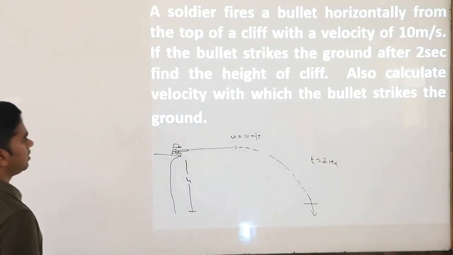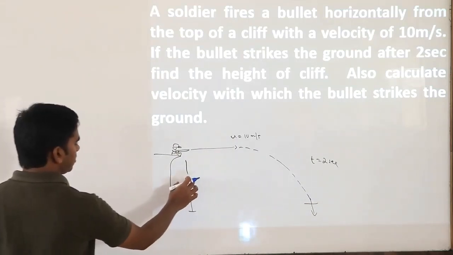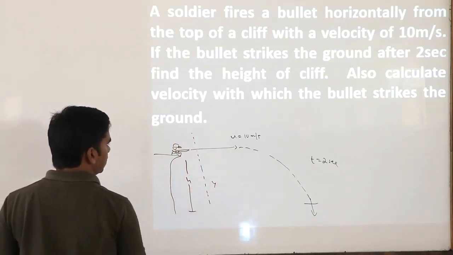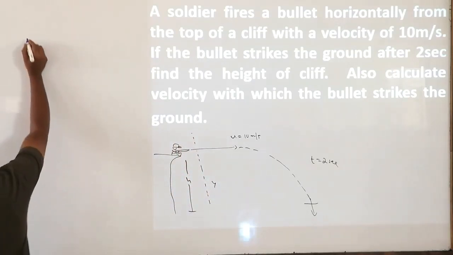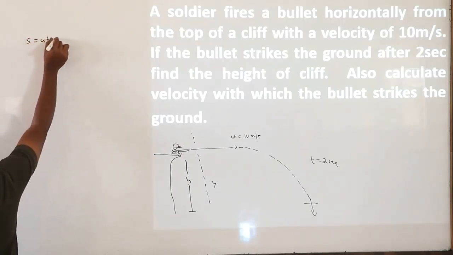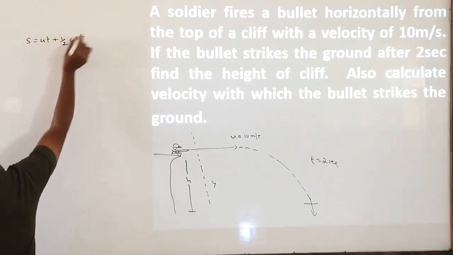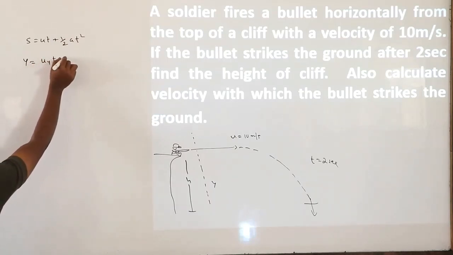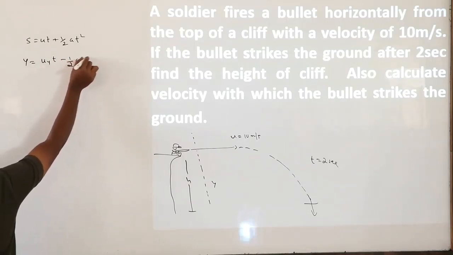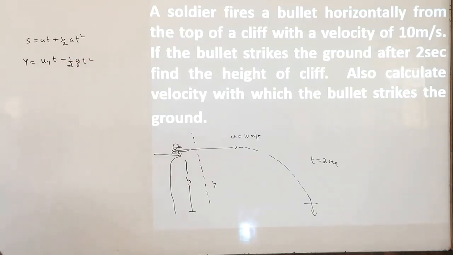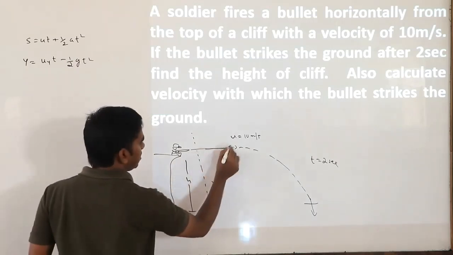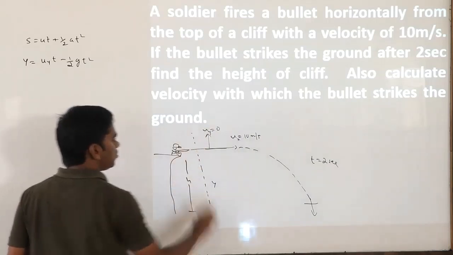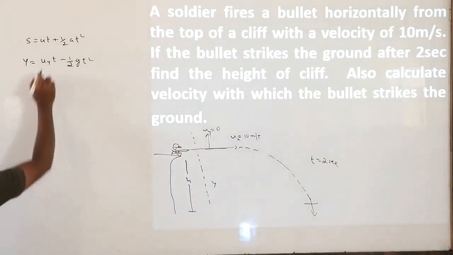First, to calculate h, it is nothing but the y-axis. So we can apply the formula s equals ut plus half at square, that is here y equals uy into t minus half gt square. What is uy vertically? In this direction it is 10, but vertically uy is 0. Ux is 10. So uy is 0 means this will go.